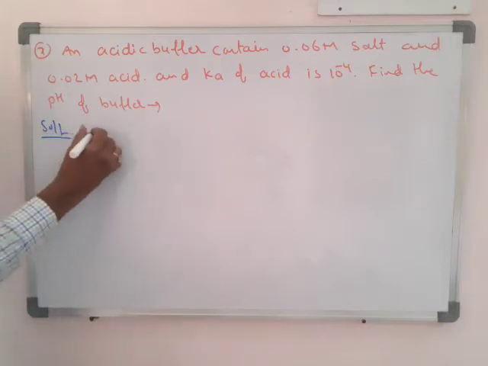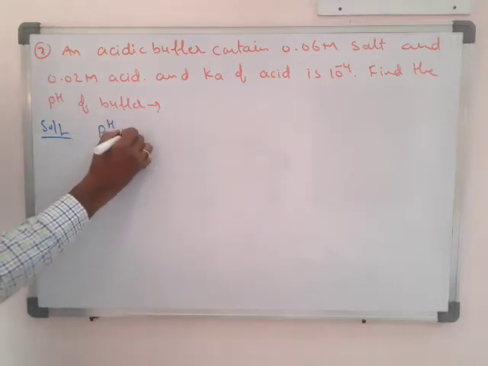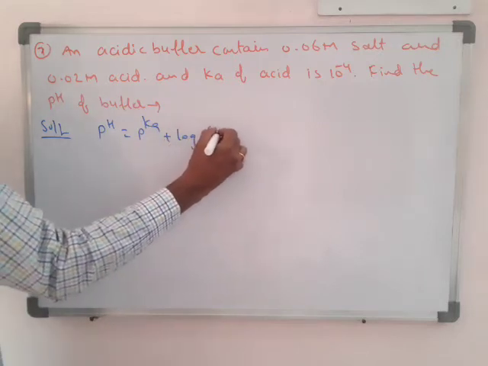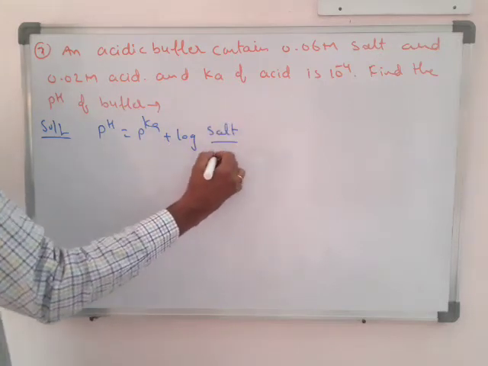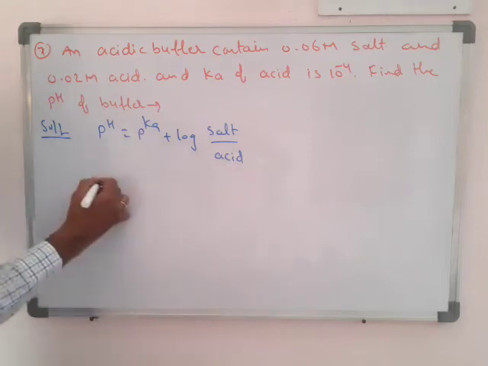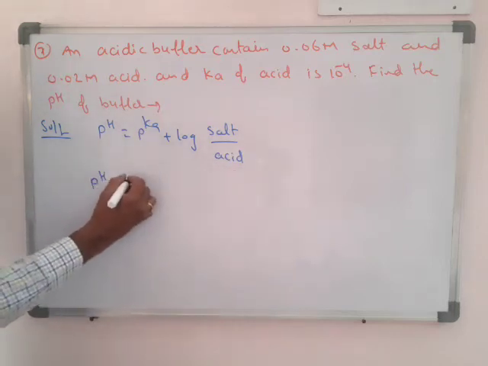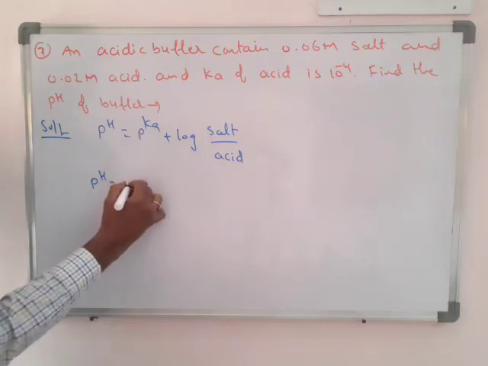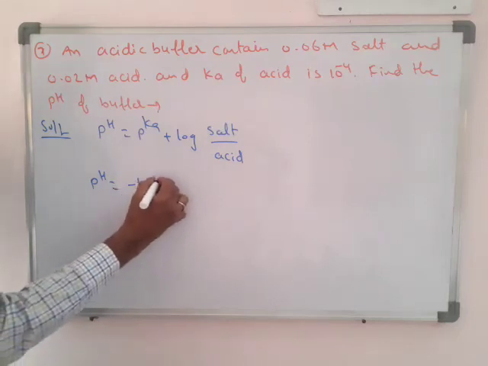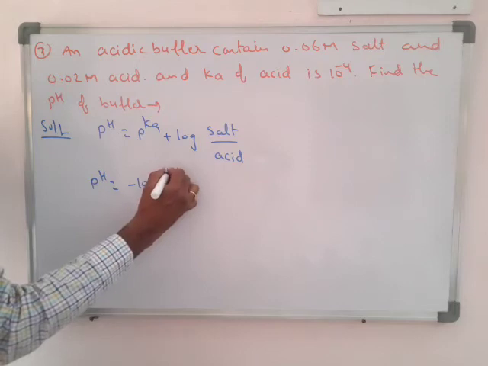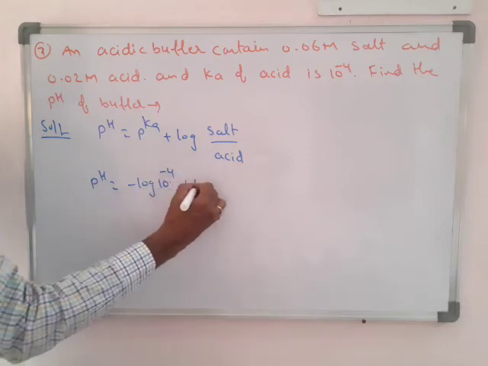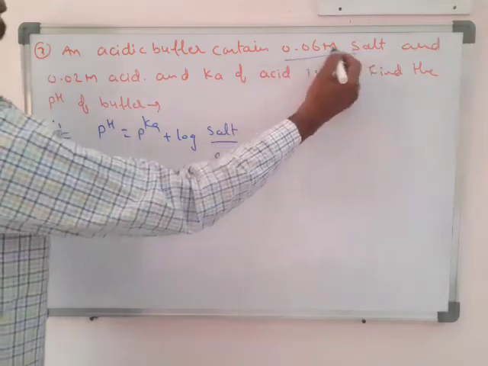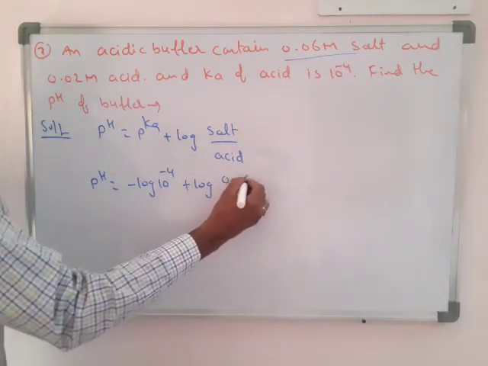Well, it is given an acidic buffer, so the pH equals pKa plus log of salt over acid. You have to write the formula for every problem. It is compulsory. So pKa is given how much? Actually, it is given Ka. So for pKa, how do you calculate? Minus log Ka. So plus log. What is the molarity of the salt? Moles per liter. So 0.06.